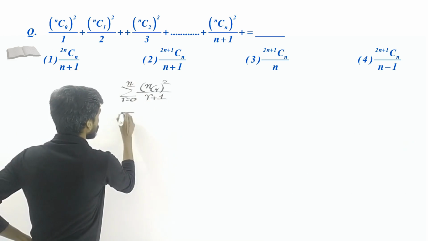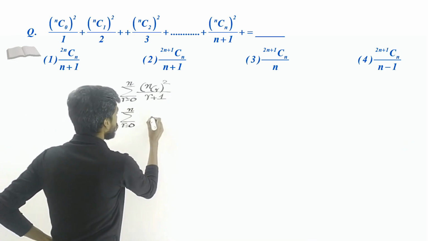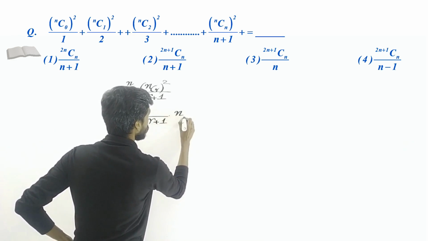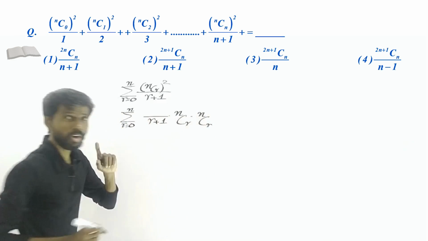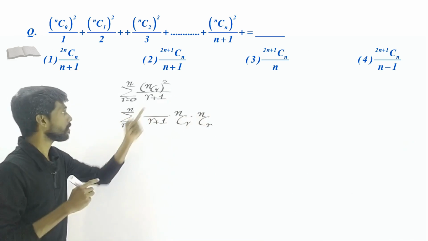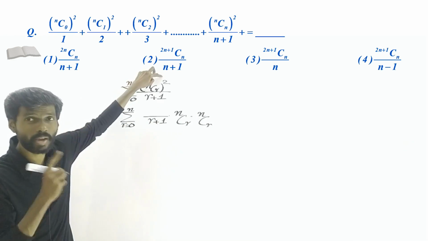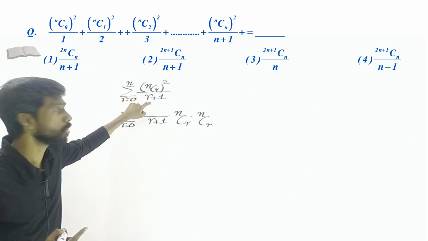See, it is like this. r is from 0 to n. Now this is 1 by r plus 1, multiplied by nCr squared, which can be written as nCr multiplied by nCr. Now what do we do? Like we did already when we considered nCr without the square, we have done a similar question to remove this r plus 1.